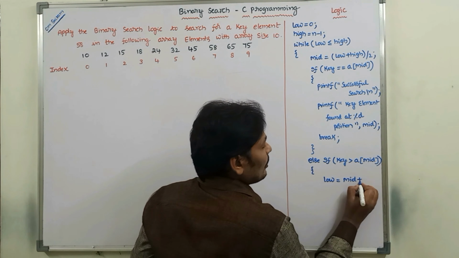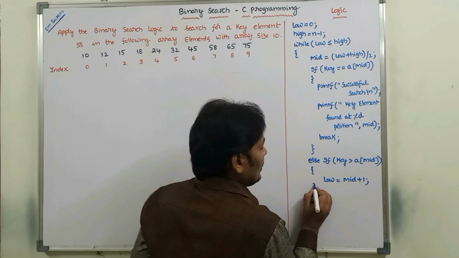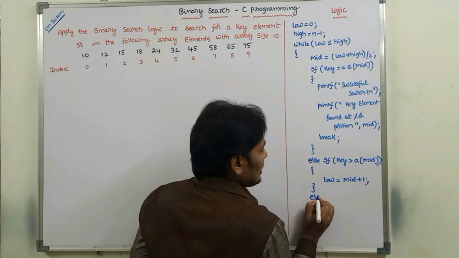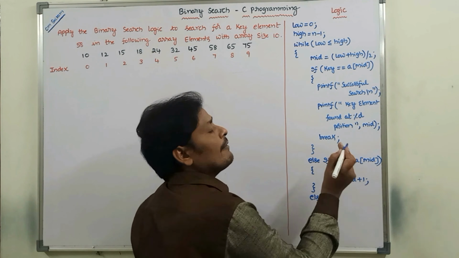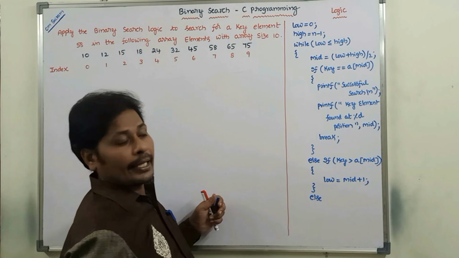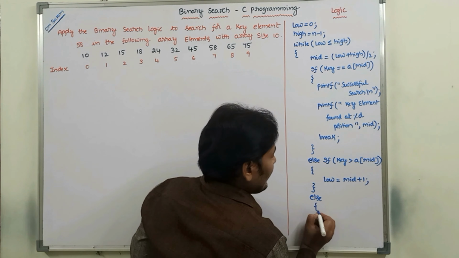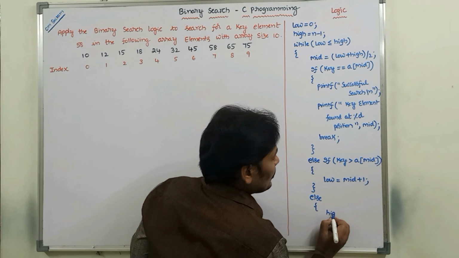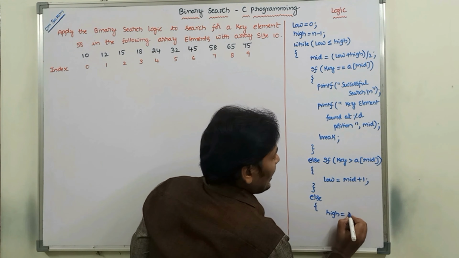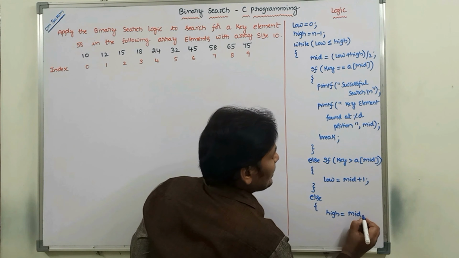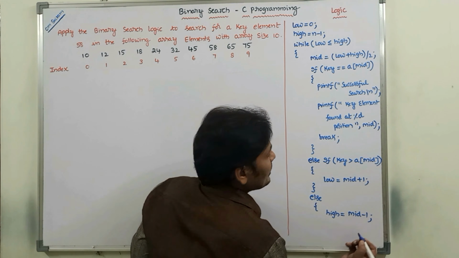Low is equal to mid plus 1. Else, means if key value is less than A of mid, then high is equal to mid minus 1. High is equal to mid minus 1.